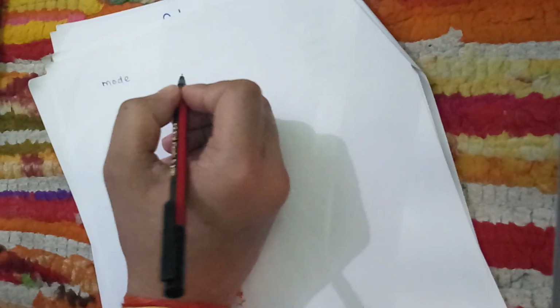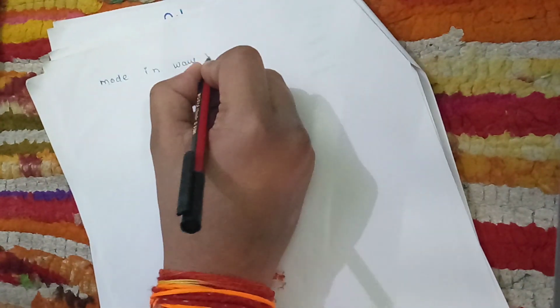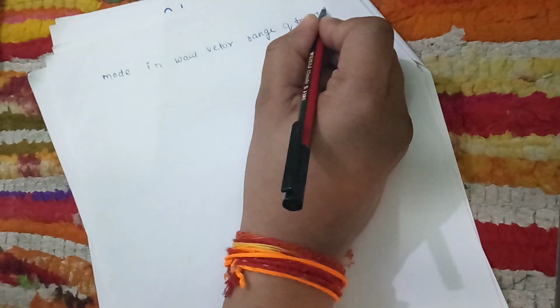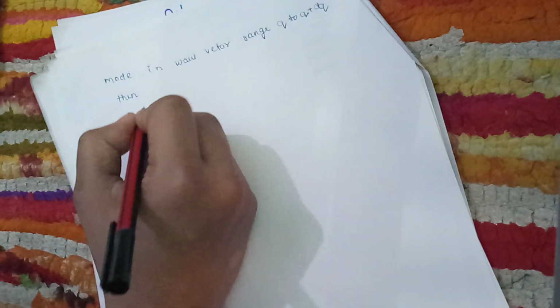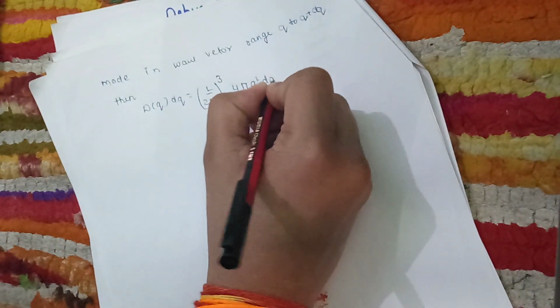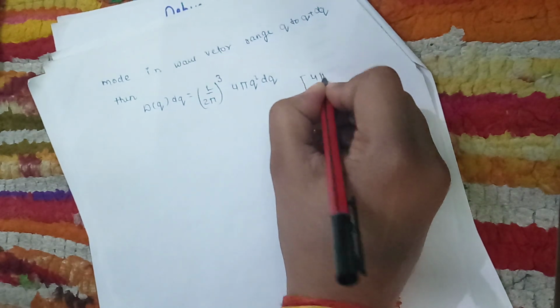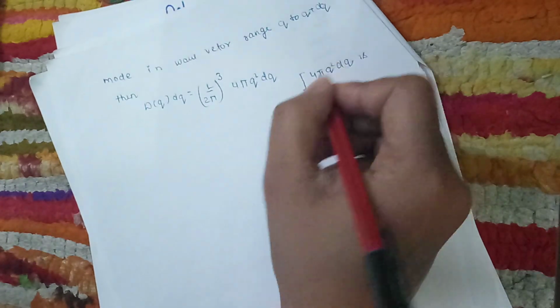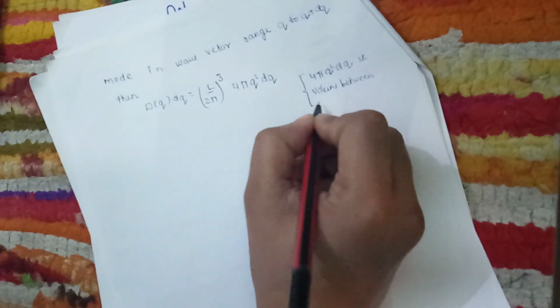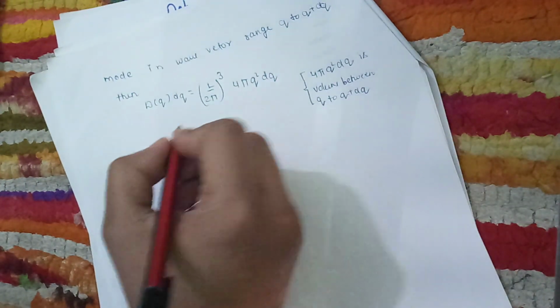The number of modes in the wave vector range q to q plus dq is given by L by 2 pi whole cube times 4 pi q square dq, where 4 pi q square dq is the volume between q to q plus dq. Now we know that L cube is what?